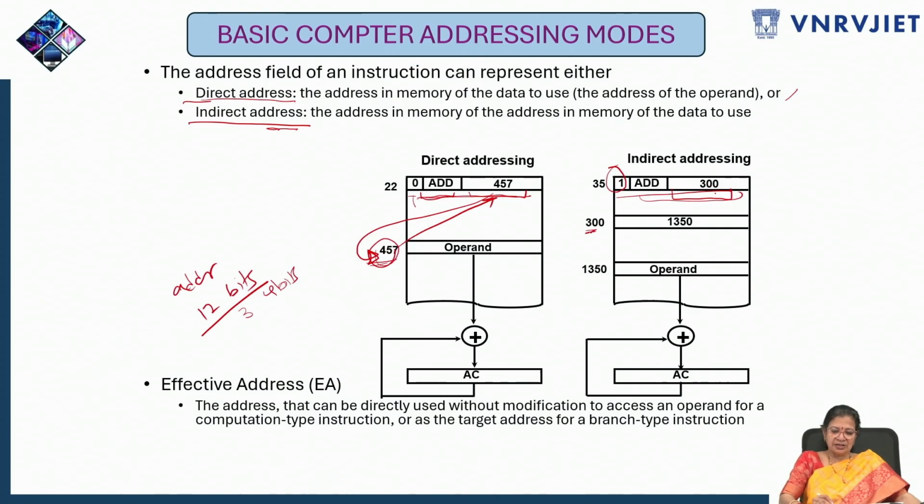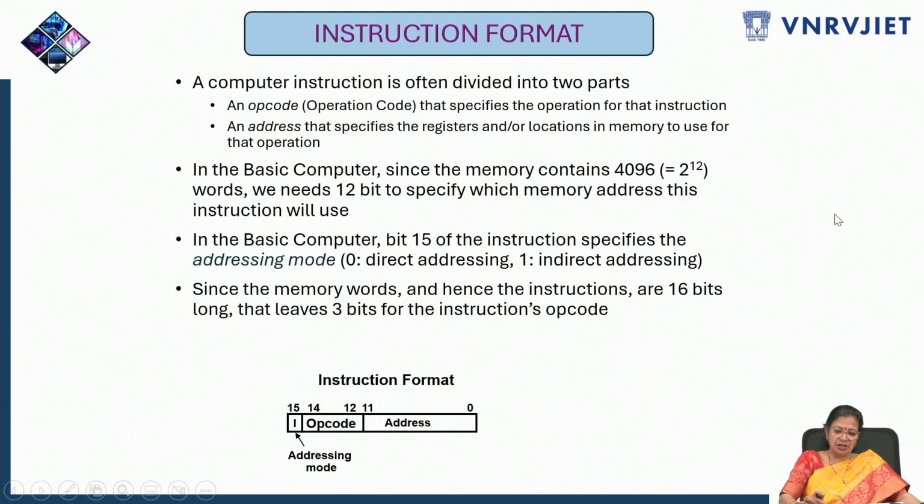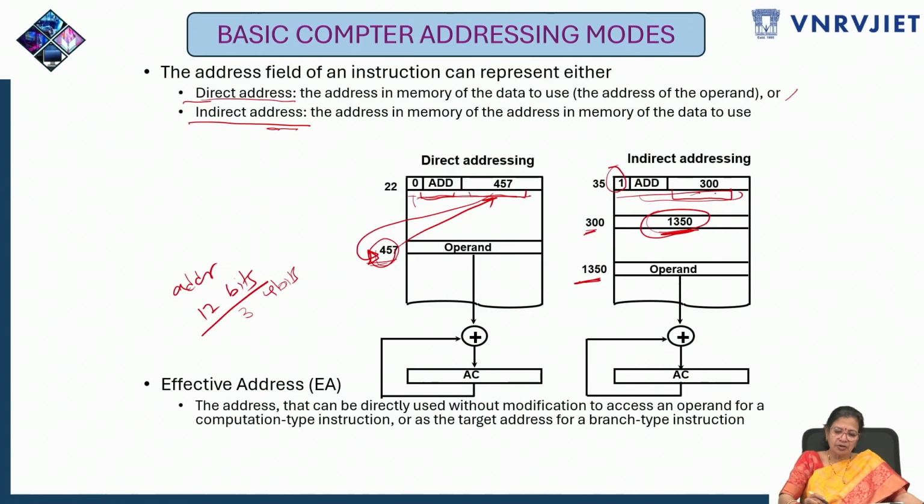So 300 is here, and location 300 contains some other address. That is what is meant by indirect addressing. The instruction will not mention 1350, which is the address of the operand, directly, but it will mention where that address is available.